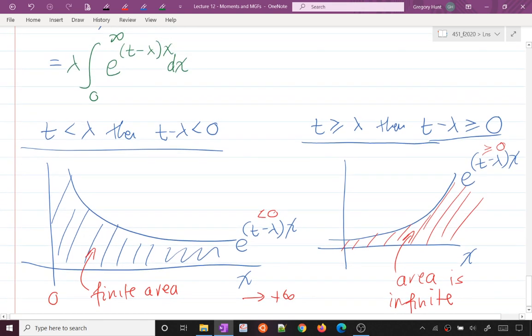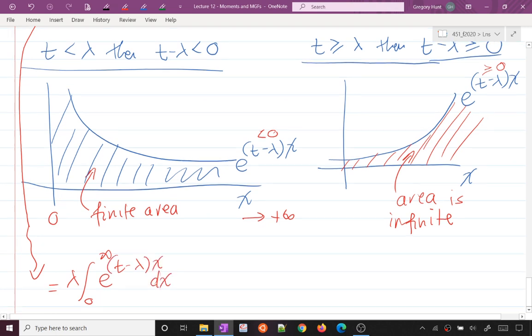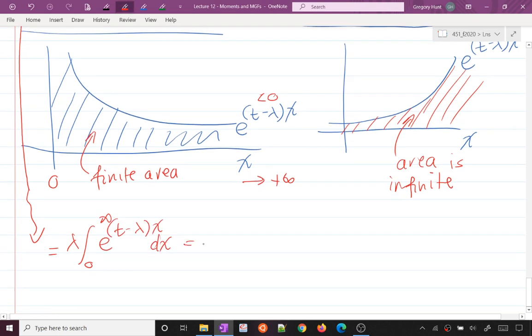So in this second case, let's bring this all the way down here. We had the integral from 0 to infinity of lambda out front, e to the (t minus lambda) x dx. Now it's actually not so bad, because that is going to converge nicely, and we can treat it like the limits were finite.